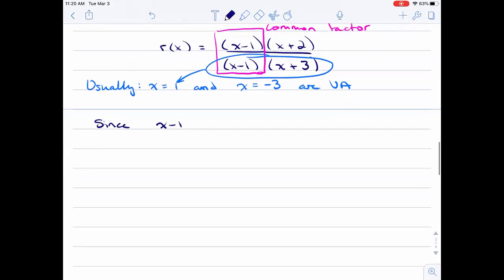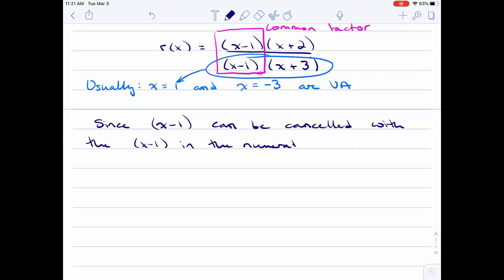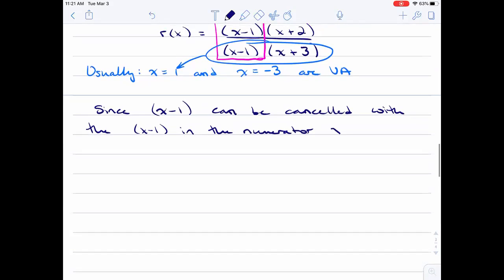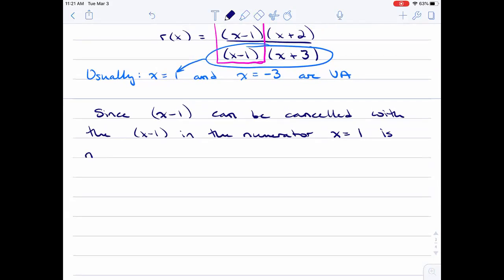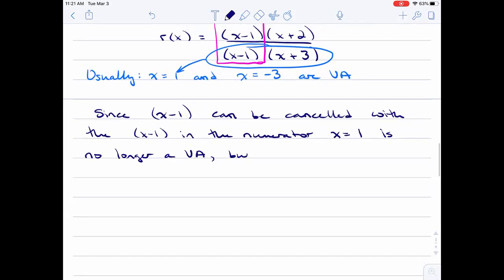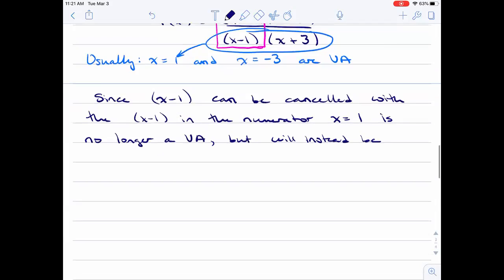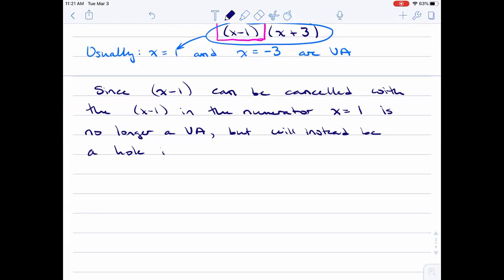Since x minus 1 can be canceled with the x minus 1 in the numerator, x equal to 1 is no longer a vertical asymptote, but will instead be a hole in the graph.